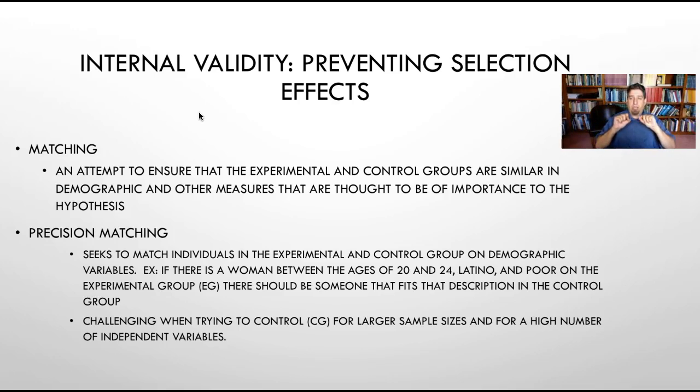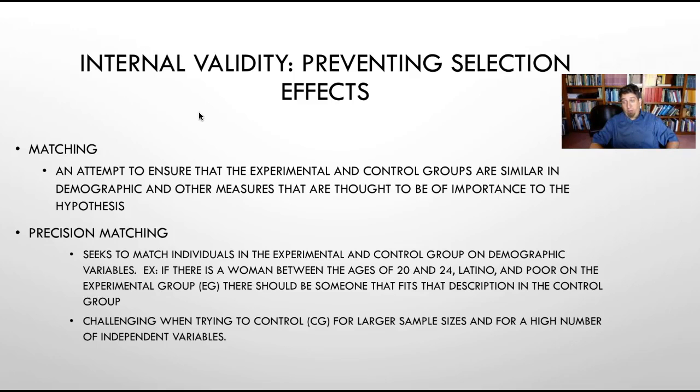And the more variables that you want to control for, say we had an income variable, a 26-year-old middle income Latino female versus, say, a 35-year-old wealthy Filipino non-English speaking female, the more difficult it is to have that precision matching done.